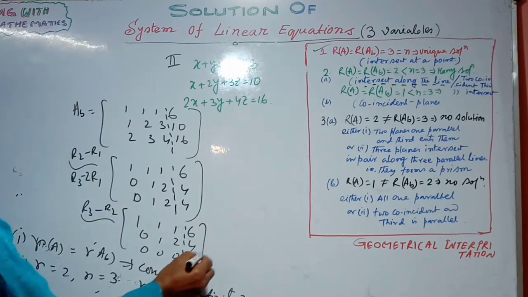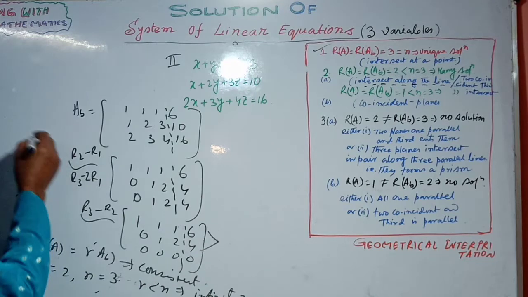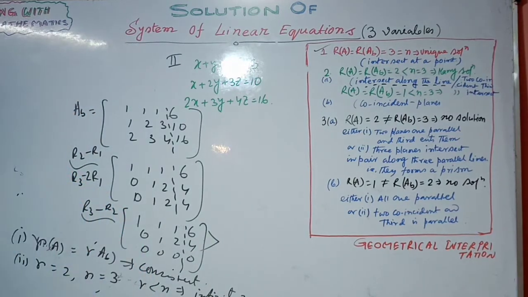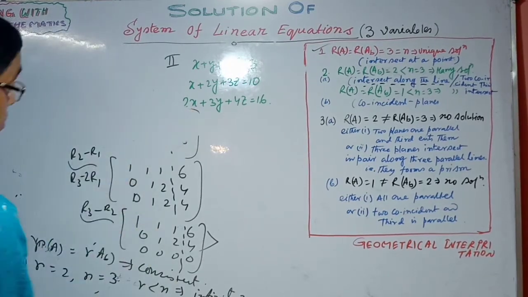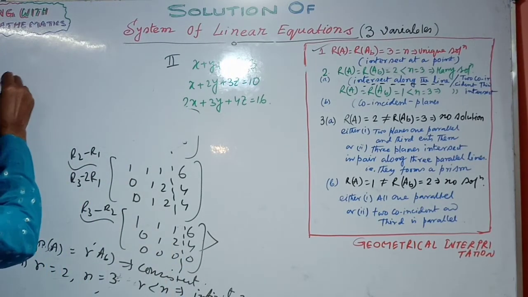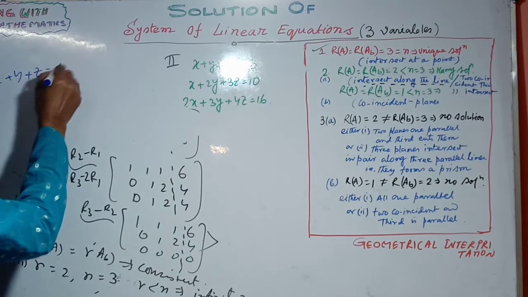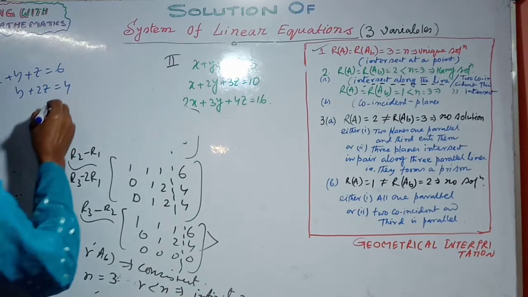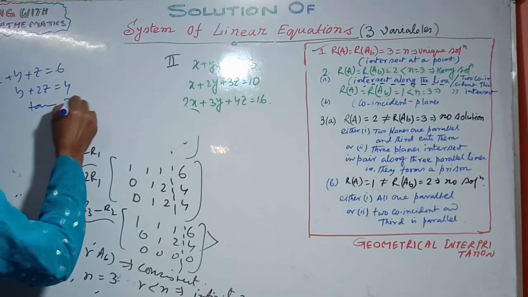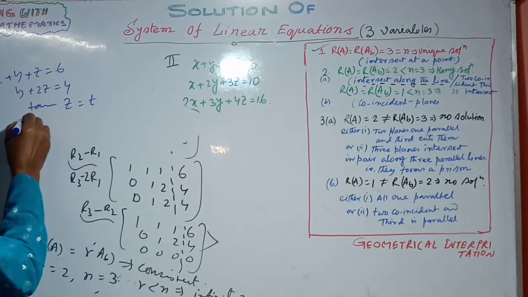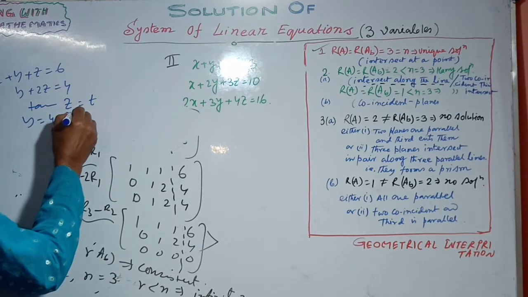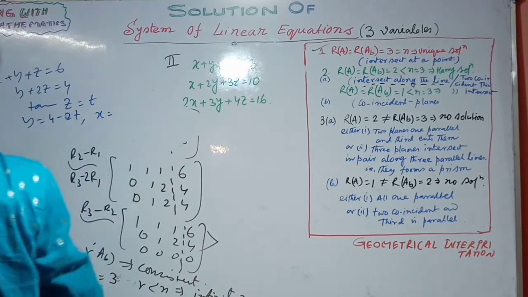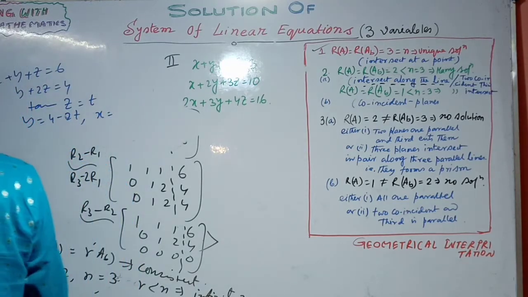If we solve this equation in the reduced form, that is x plus y plus z equal to 6 and y plus 2z equal to 4. Taking z equal to t, therefore y equal to 4 minus 2t, and x equal to t plus 2.